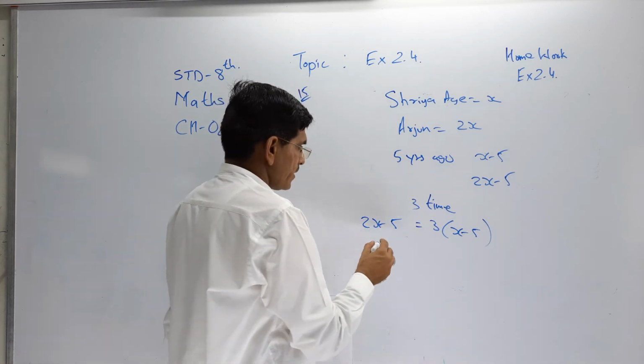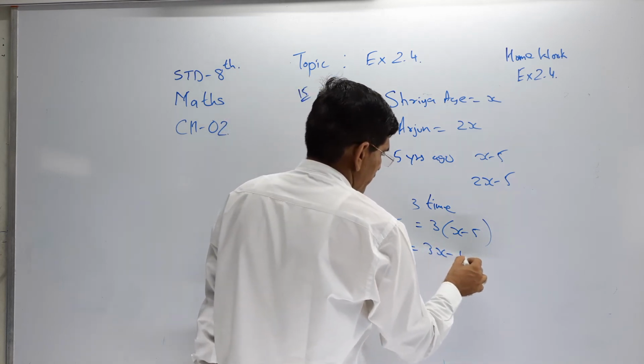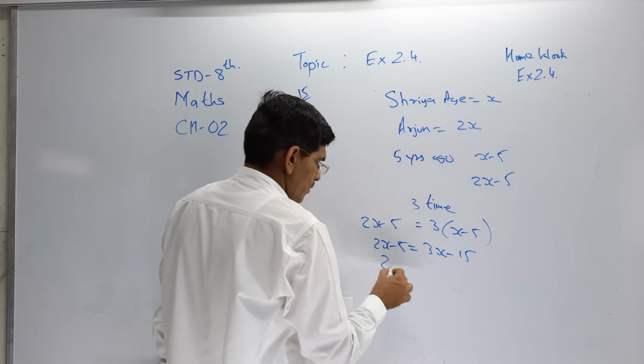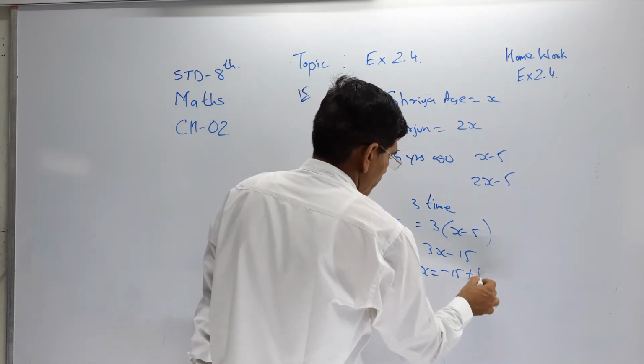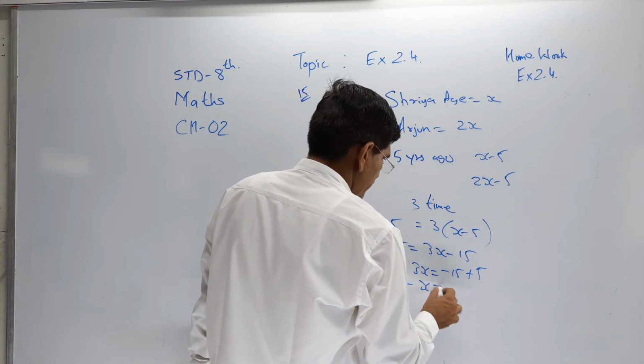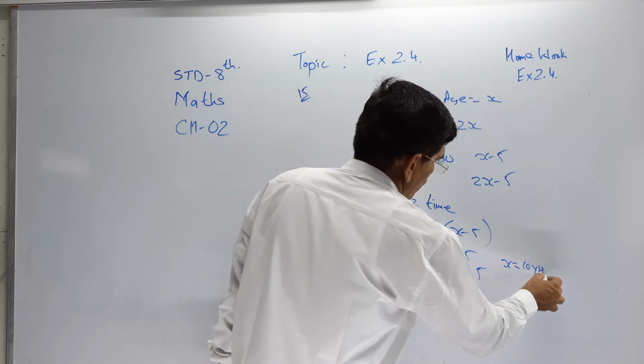So 2x minus 5 is equal to 3x minus 15. So 2x minus 3x is equal to minus 15 plus 5. So minus x equals minus 10. So x is equal to 10 years.